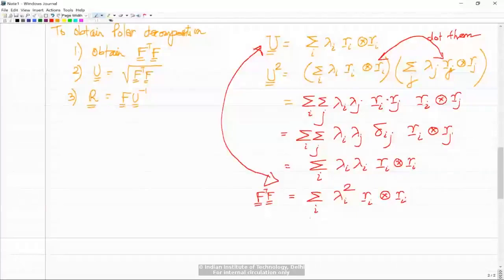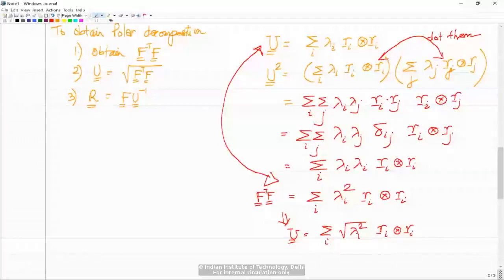And then U, so from here, U is simply summation over i square root of lambda i square, Ri tensor product Ri. Okay, so the eigenvalue of F transpose F simply have to be square rooted. You have to just take its square root to get the eigenvalue of U. So that was quite easy. Taking the square root, therefore, here is easier.